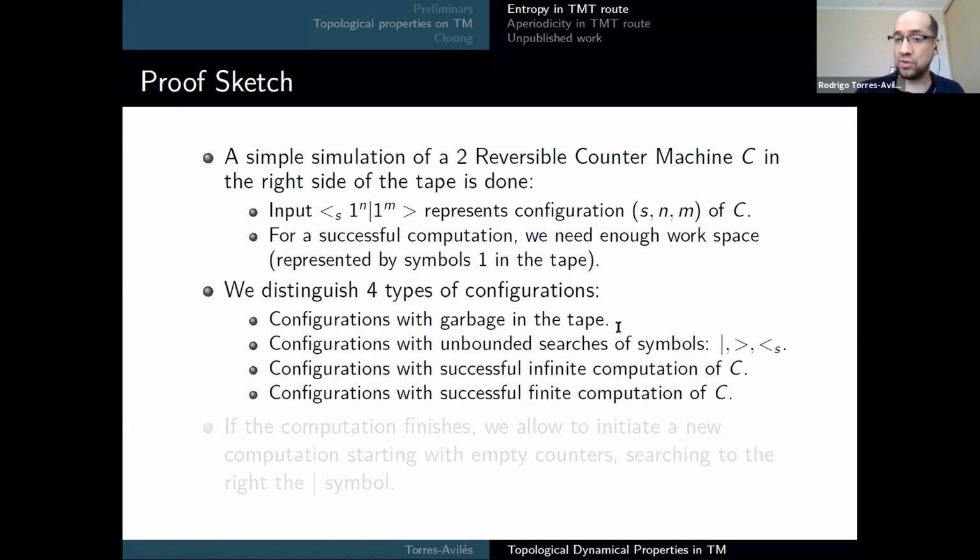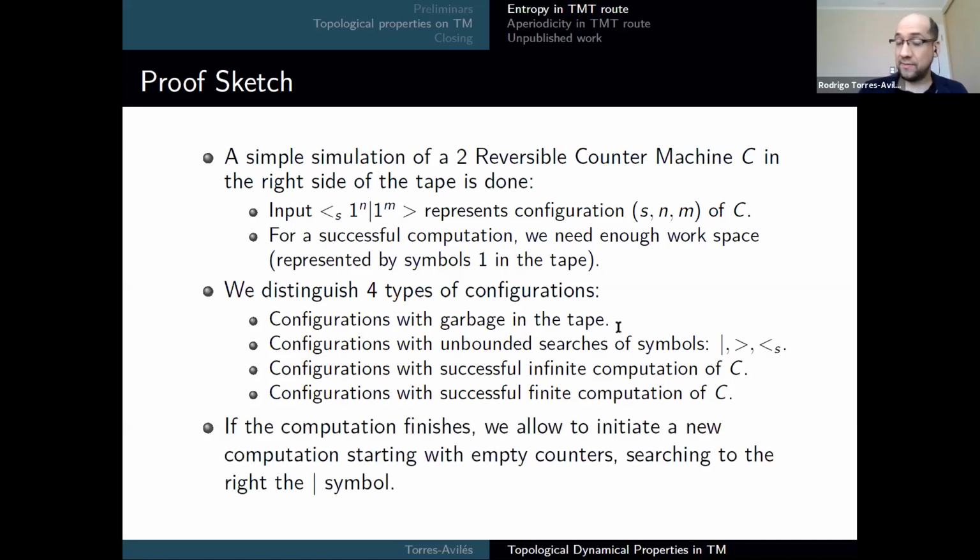So we have a successful infinite computation of C, or we have enough space and a successful finite computation of C. If the computation finished, it is allowed to start a new computation with the counters looking to the right, and we start when we find a new stick symbol.